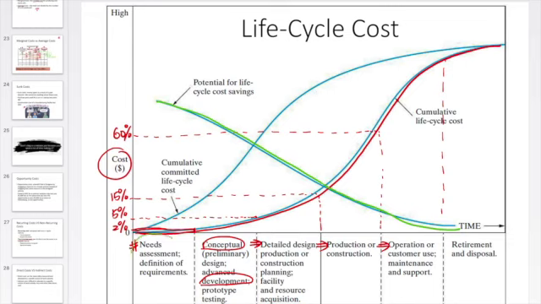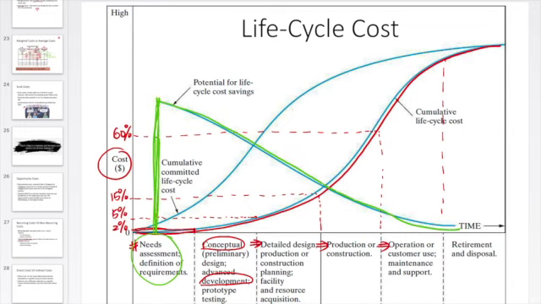At the very beginning of the design, if you can make the right decision, or if you can switch from a wrong decision to a better one, you have this much opportunity to save.